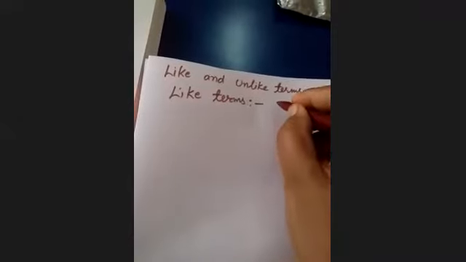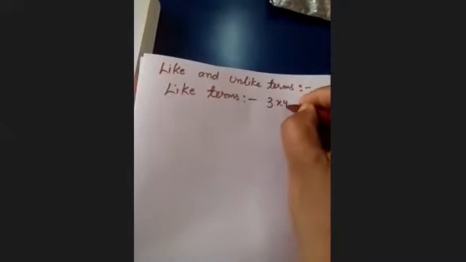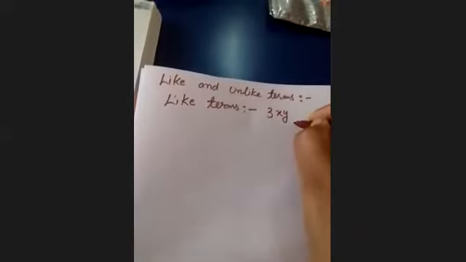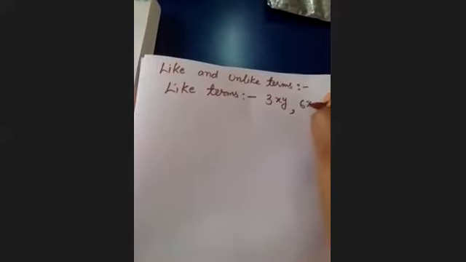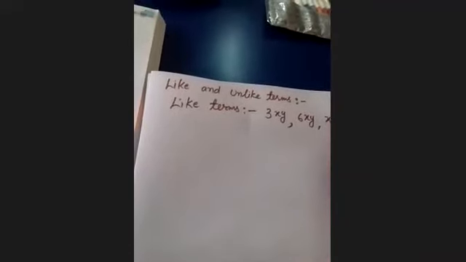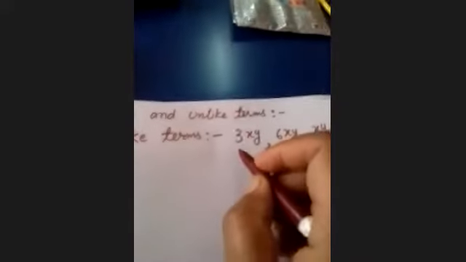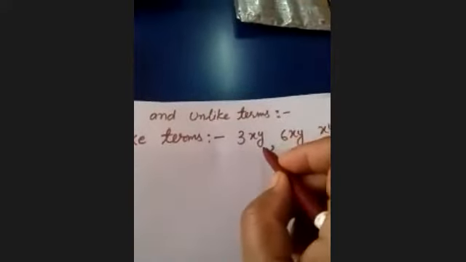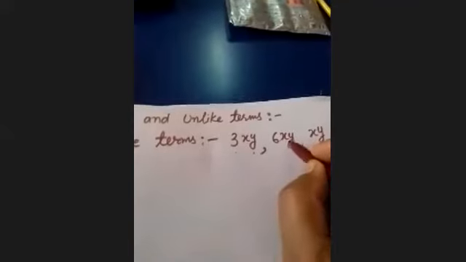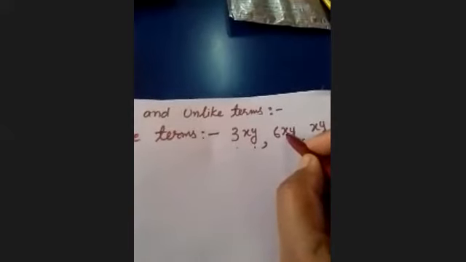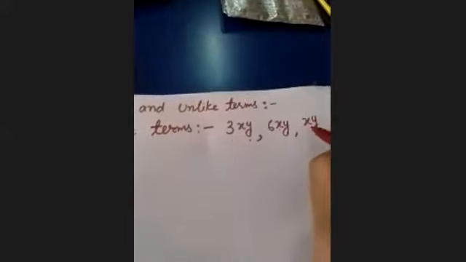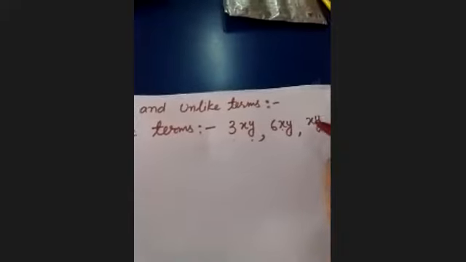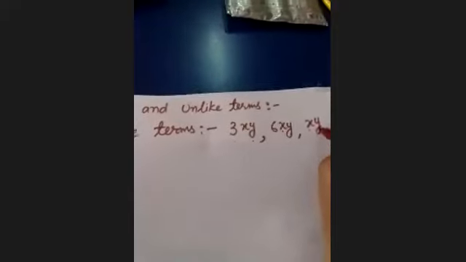For example, 3xy, and the second term is 6xy, next is only xy. Now observe, in the first term we have variables x and y. In the second term, variables x, y, and in the third term, once again we have variables x and y.